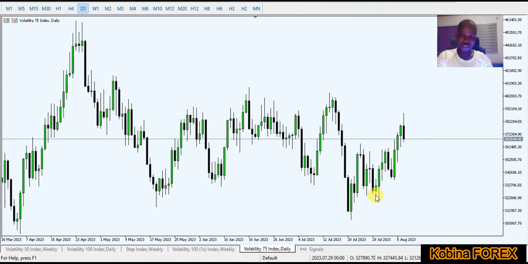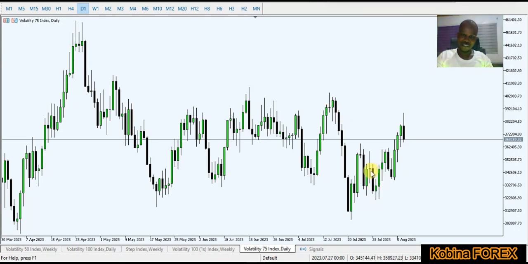In so much as price didn't do that, we were in for this ride up to close in on this fair value gap resting in here, and ultimately price trading into this other block resting in here.